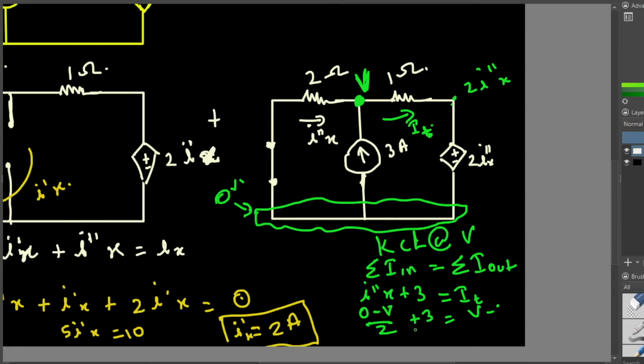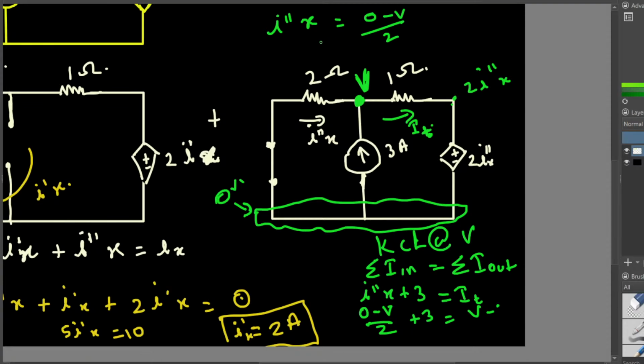What I can do is, then I have to create another equation. Let's take this I double prime x separately, and that is equal to 0 minus v divided by the resistance in between, that is 2.